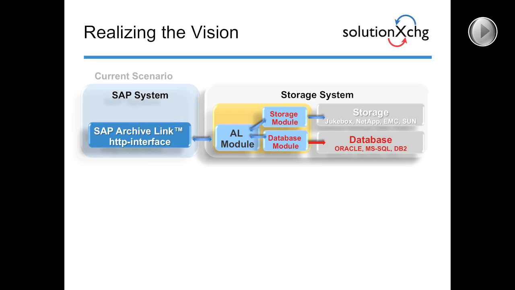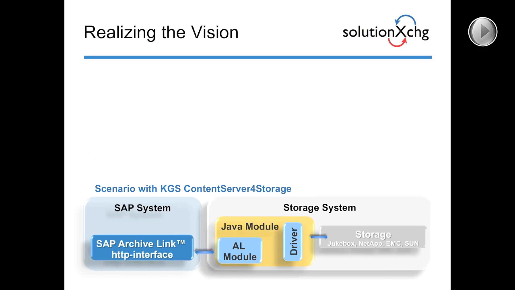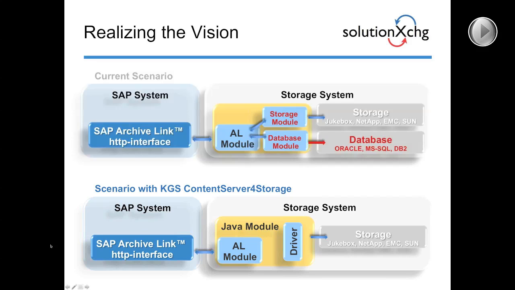Let's take a look at what a reduced setup could look like. A reduced setup with, for example, the KGS ContentServer, one of the products we have in our portfolio, is much more lightweight than the above scenario. If you compare it to what I just showed you, there's a Java module.